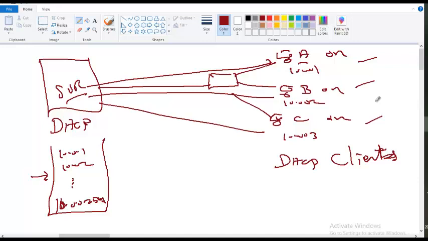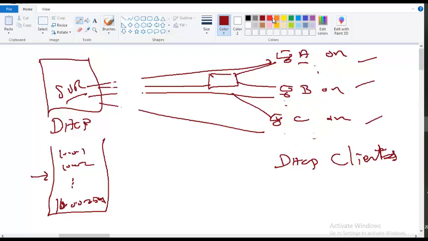it is automatically assigned. But what if the DHCP server is down? What if this connection is broken? What will happen? These PCs cannot reach the server.